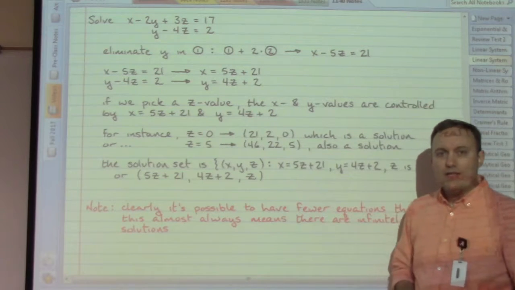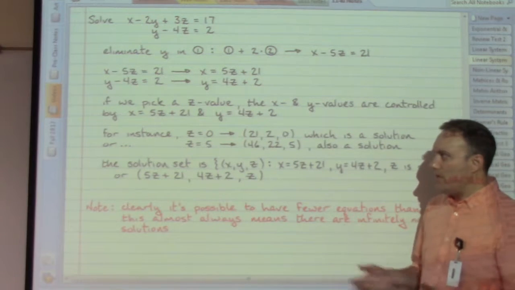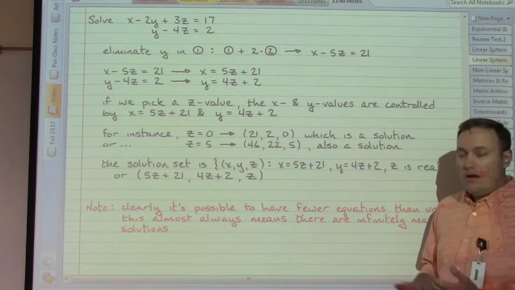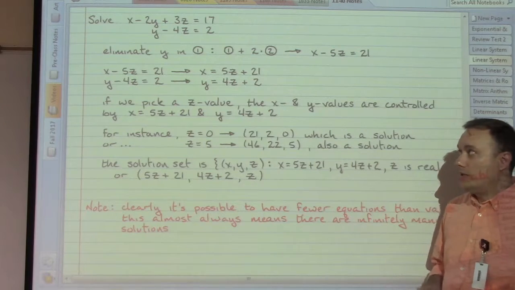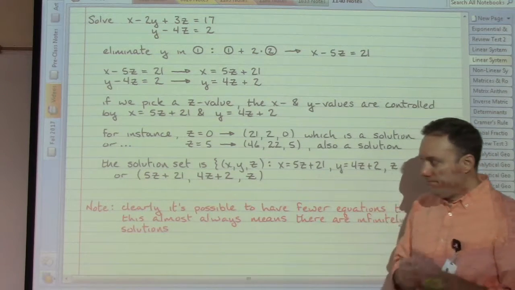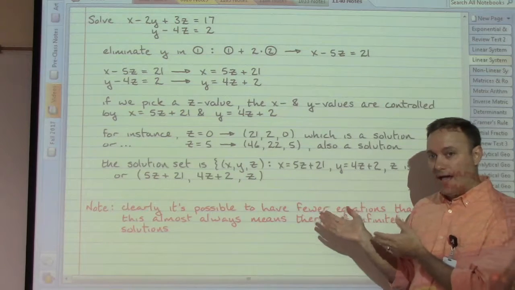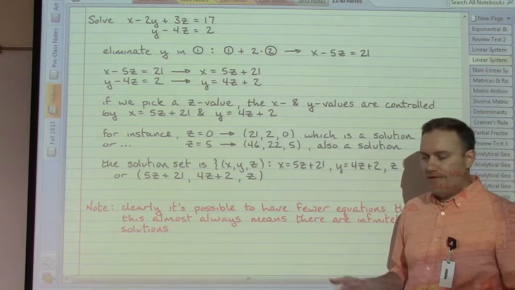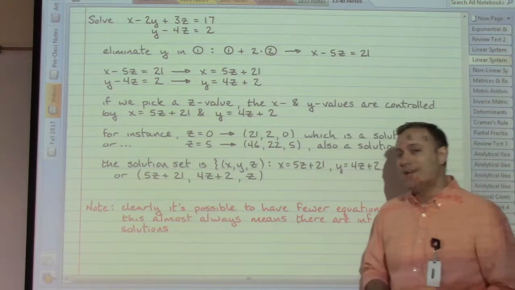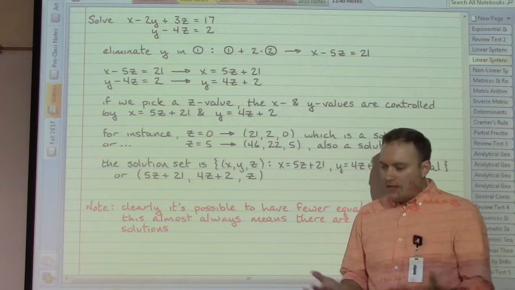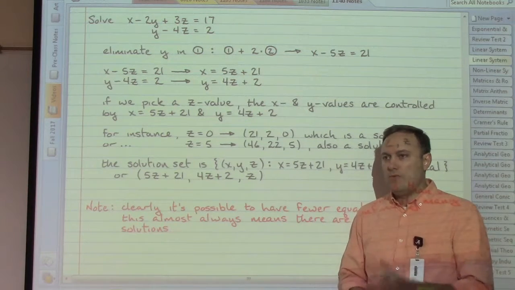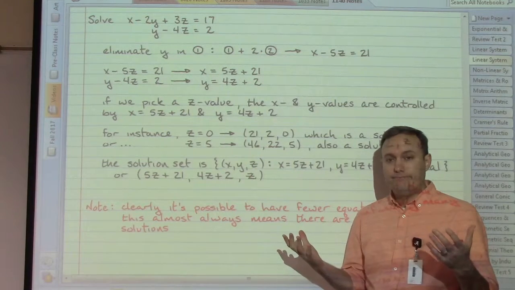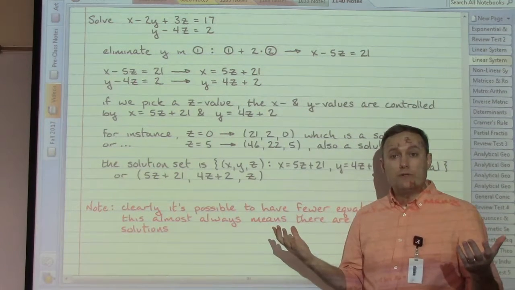So what if I hadn't already given you 2 equations that ended up working out this way? As you were working through steps of pairing things up and trying to eliminate either x or y or z, you would have had a true statement that showed up with no variables in it. So you would have had something like 0 equals 0 or negative 10 equals 10. And that would have basically left you in this situation where you were saying, all right, well, apparently I have infinitely many solutions.